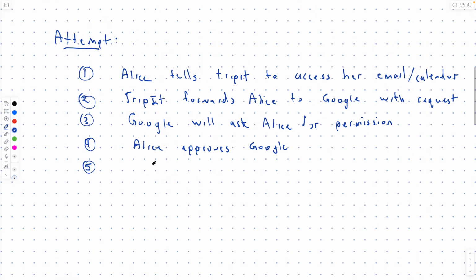Okay, how's it going to do it? So at the first attempt, I'm going to say Google forwards Alice to TripIt with an access token.